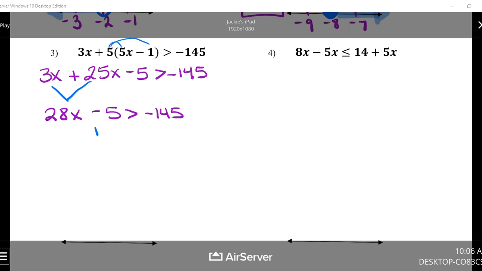So the inverse operation would be to add 5 to both sides. 28 times x, so the inverse operation would be to divide both sides by 28.